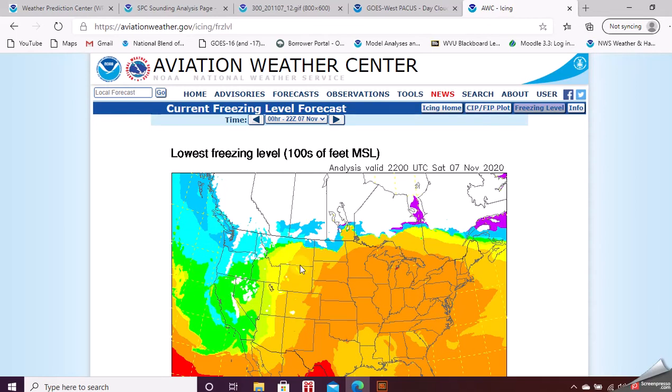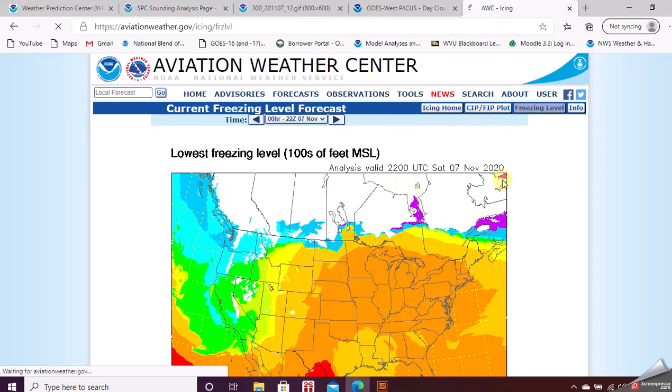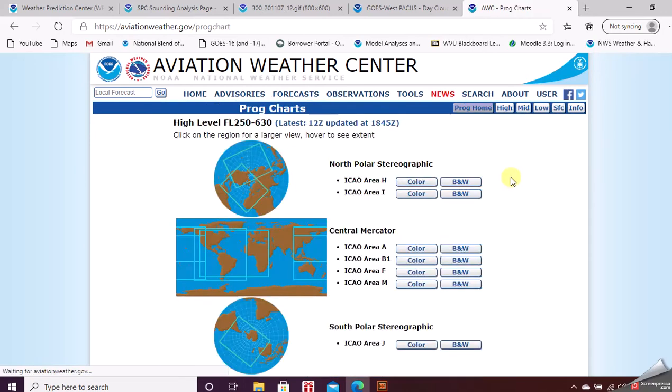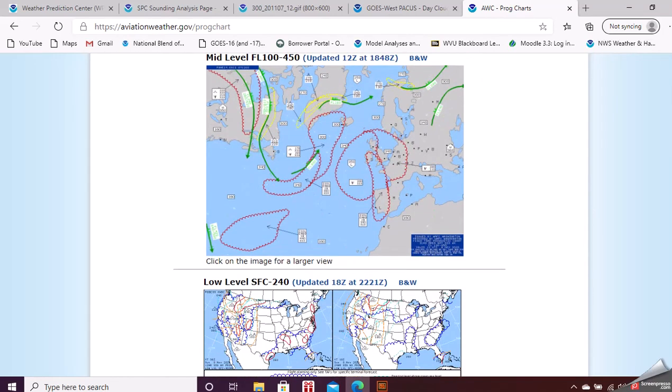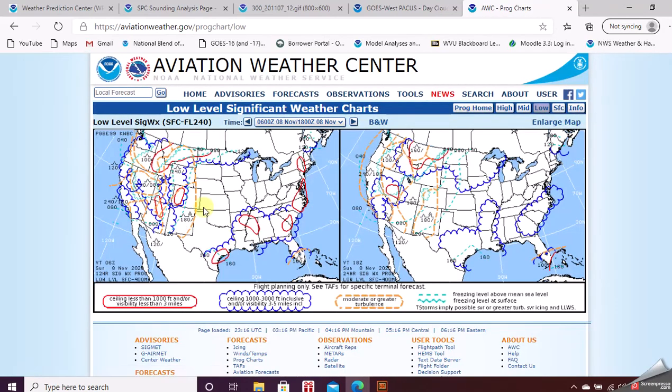Well, another thing with icing you've got to deal with as well. One of the other areas they have is something called prog charts. And I just wanted to take a quick peek and see if we can find where some low-level ceilings, IFR, MVFR ceilings might be.